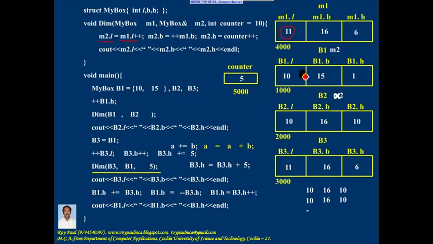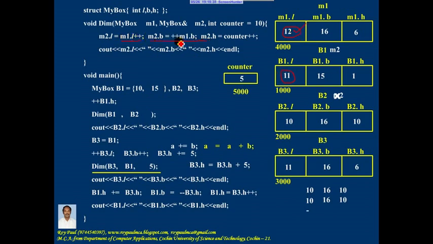That should be assigned to m2.l. So this is m2.l, which means this 11 should come here first. You can see 11 comes there. Now after that m1.l plus plus, so this must become 12. You can see it became 12.